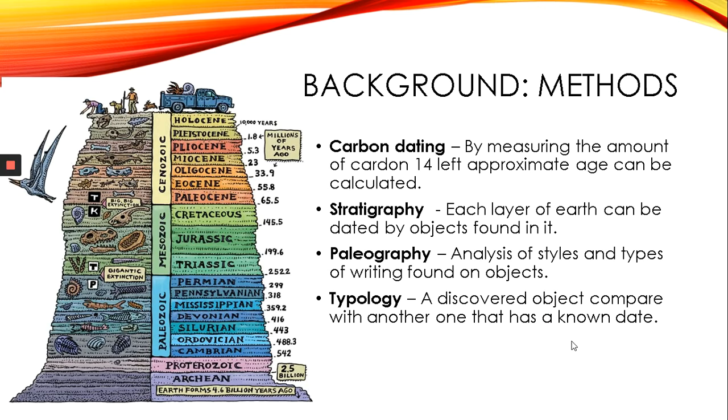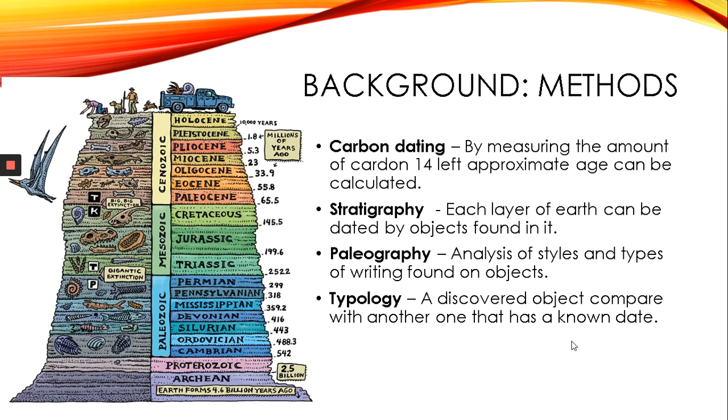The two experts use different methods to find out about our history. So the first one is carbon dating. They measure the amount of carbon left in an artifact. So as you decompose, you end up with less and less carbon-14.